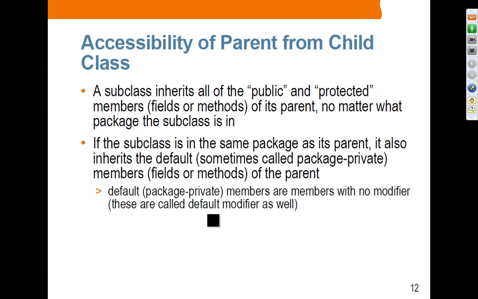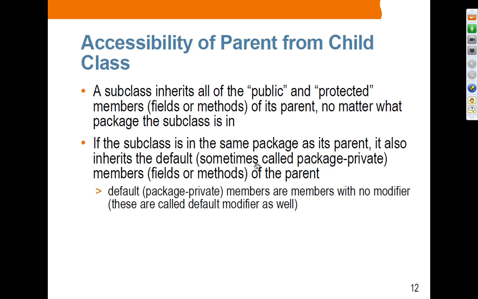Now, accessibility of a parent from a child class. A subclass inherits all the public and protected members of a parent no matter what package the subclass is in. So when I say all properties and all methods, it's not completely true. It is constrained by the accessibility we learned yesterday.